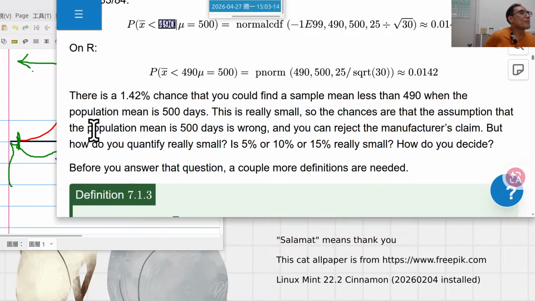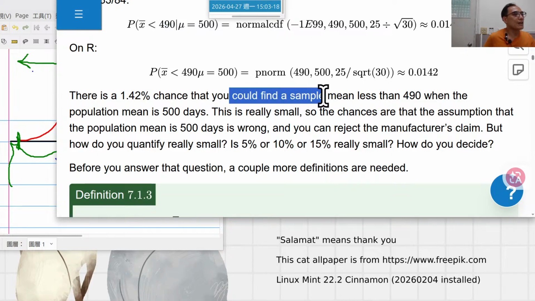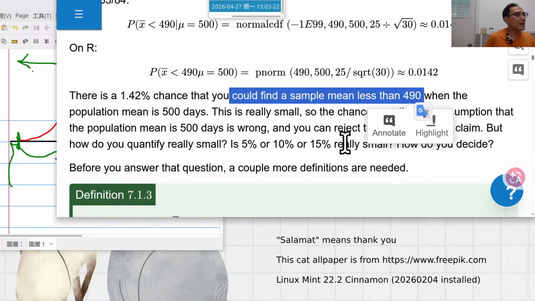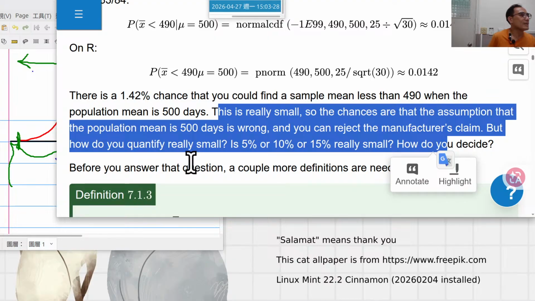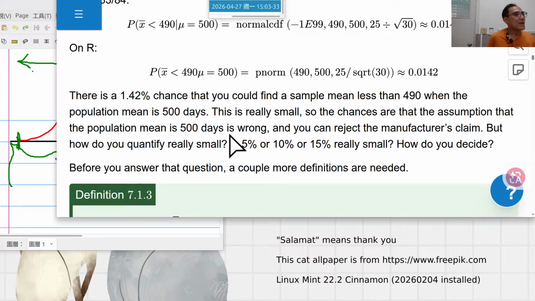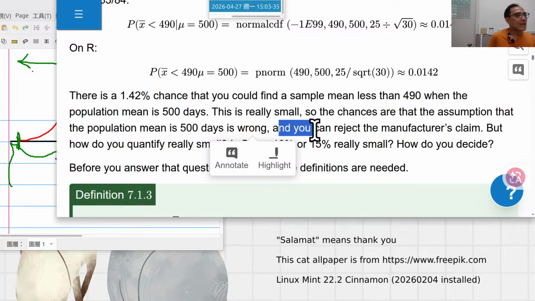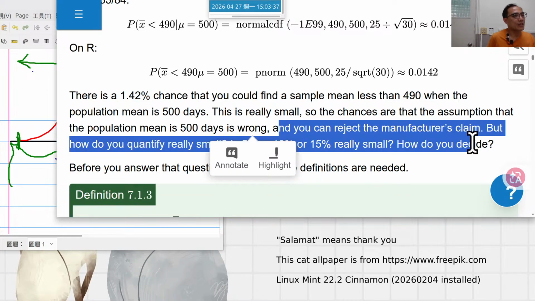There is a 1.42% chance that you could find a sample less than this value. Okay, that is really small. So chances are the assumption that the population mean is 500 days could be wrong. Then you can reject the manufacturer's claim.